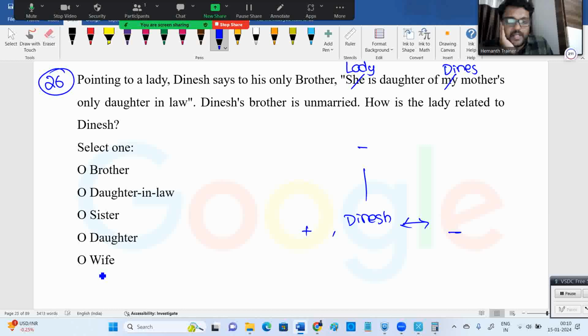How is the lady related to Dinesh? Daughter-in-law means son's wife. It may be Dinesh's wife or Dinesh's brother's wife also. That's why they mentioned Dinesh's brother is unmarried. So the lady is related to Dinesh as his wife.